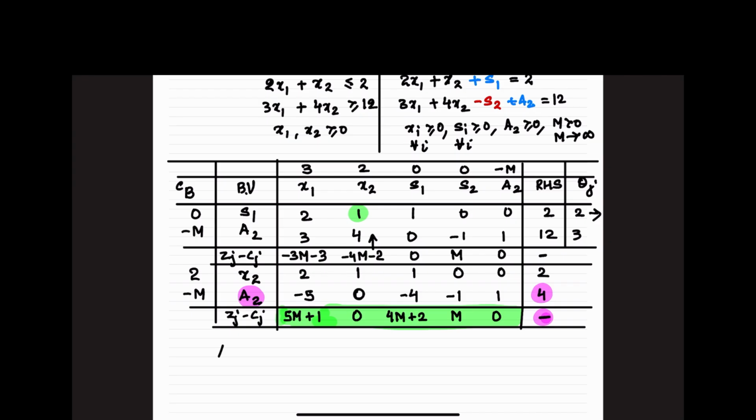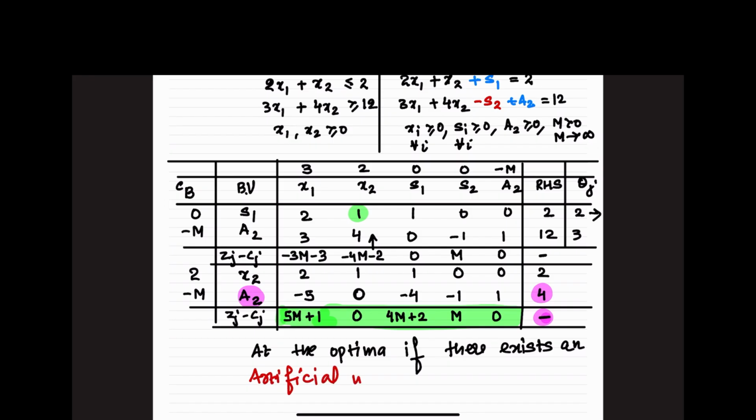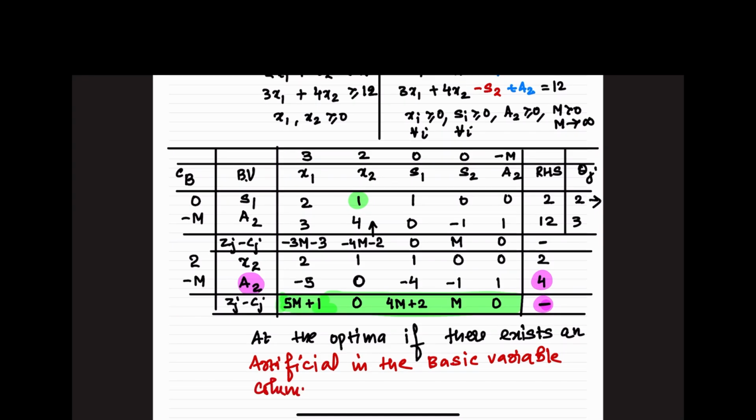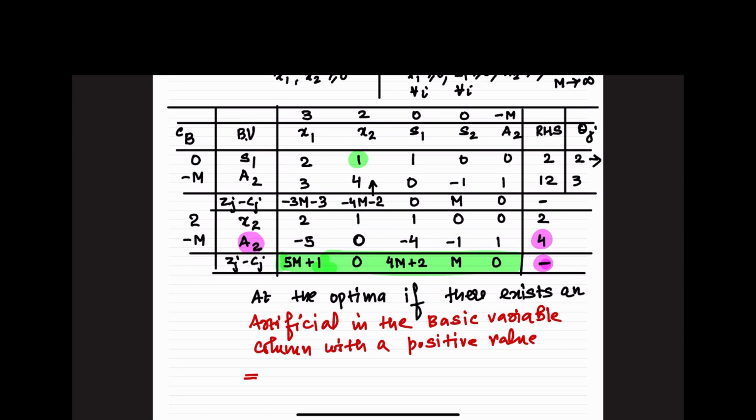So what is the condition? At the optima, if there exists an artificial variable in the basic variable column with a positive value, this implies the problem is infeasible.